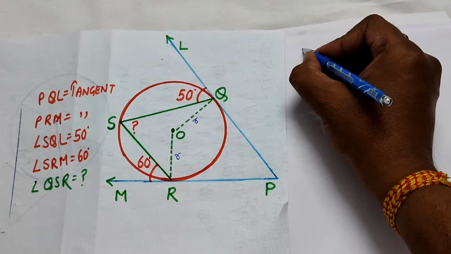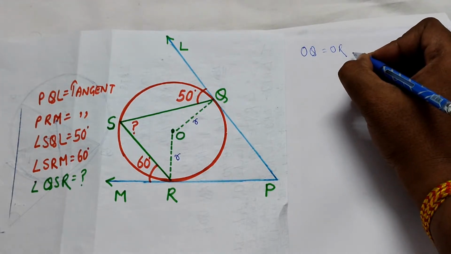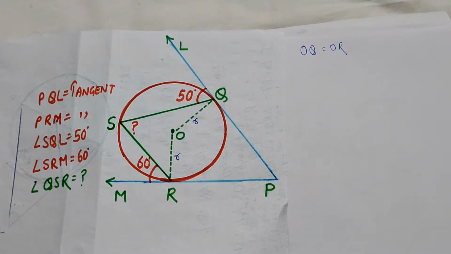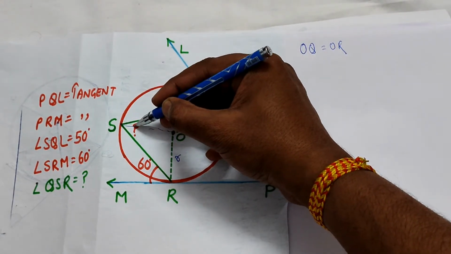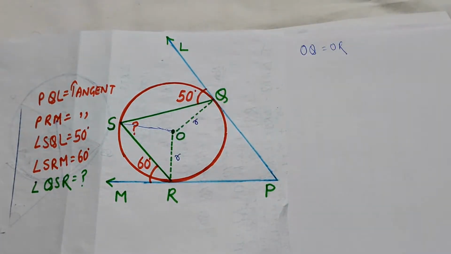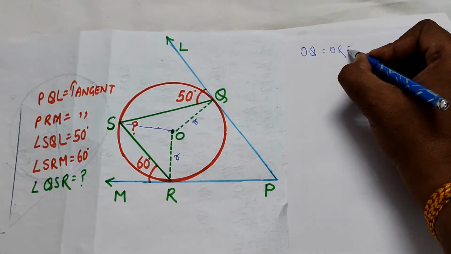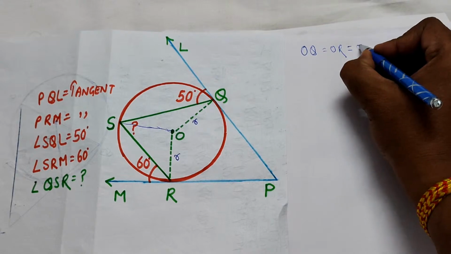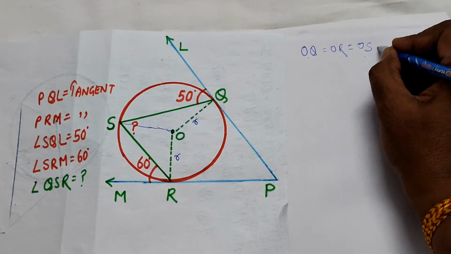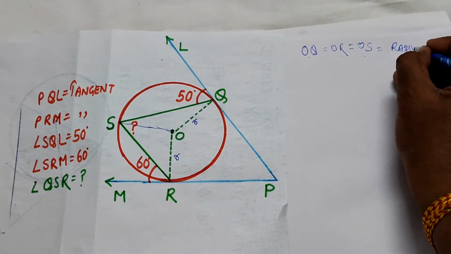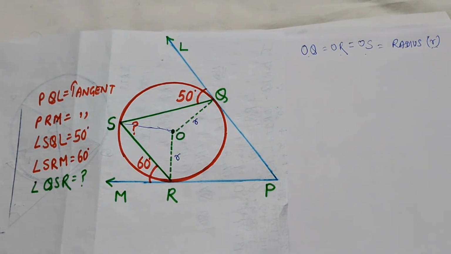So we can say that OQ equal to OR, and do one construction, just add O to S like this, right? So when you connect O to S, it will also be a radius, so OS. All these three, OQ, OR, OS, are radius, R of R length, let's say, right?